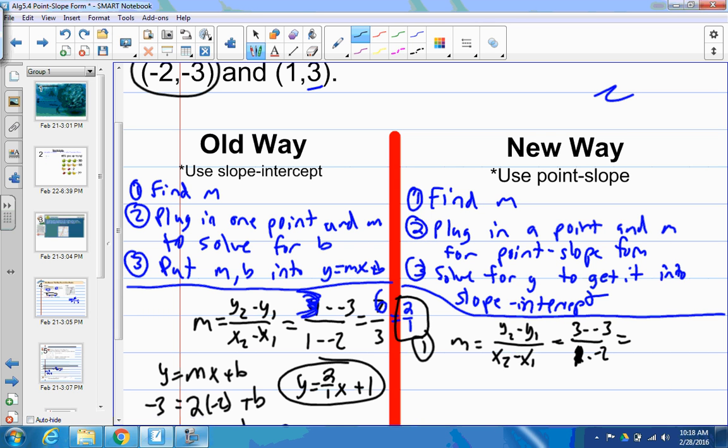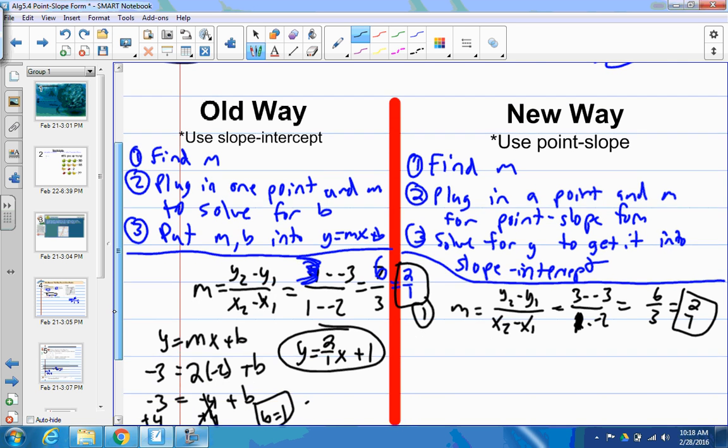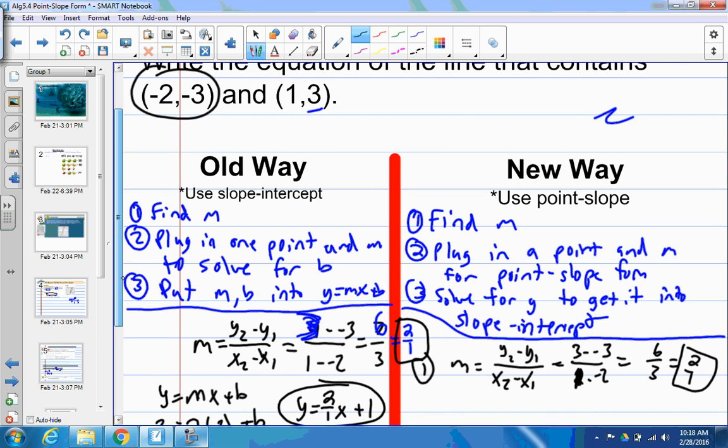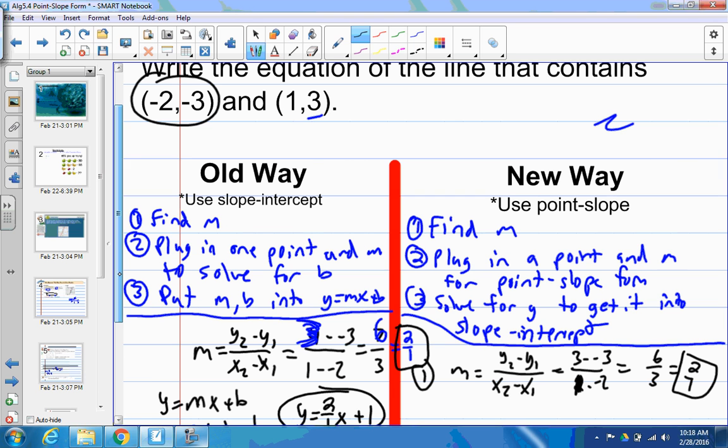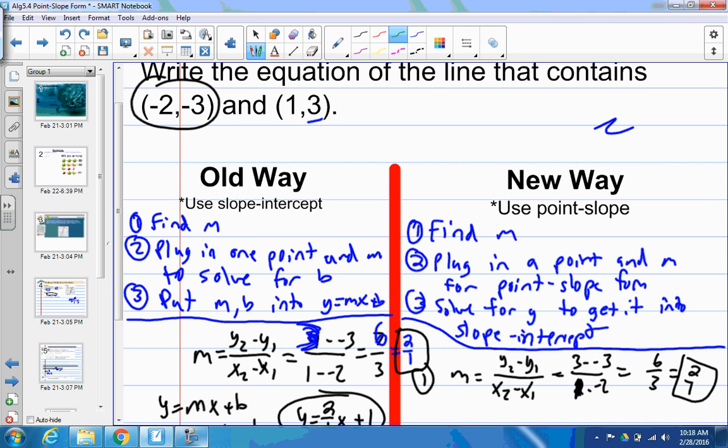When you change those to plus positives, this would be 6 over 3, which is 2 over 1. There's the m. So step 2, plugging that and a point back into the point slope form. This time I'm going to use the ordered pair 1, 3.